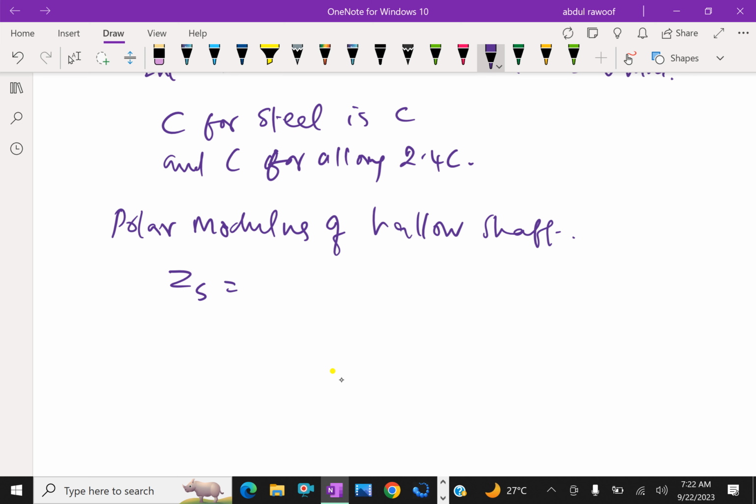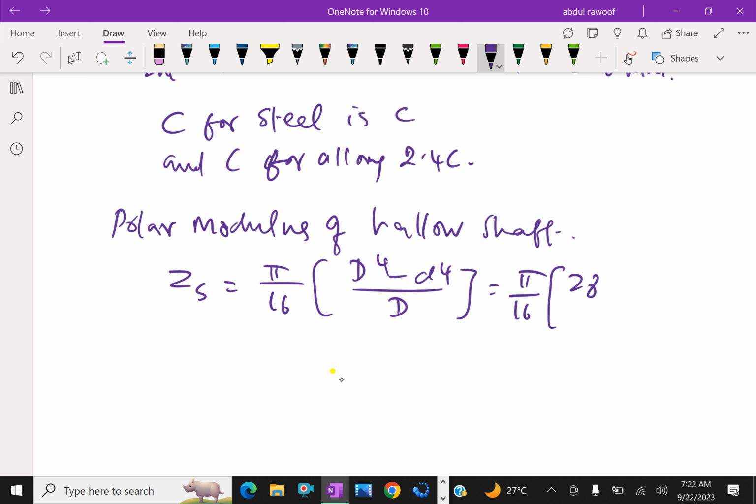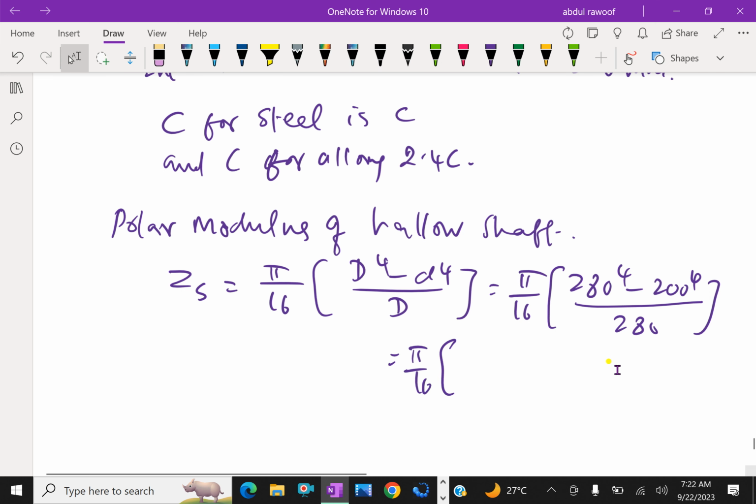Let it be Zs, which is pi by 16 times (D power 4 minus d power 4) over D. That is pi by 16 times (280 power 4 minus 200 power 4) over 280, which gives 16.23714 into 10 power 6.